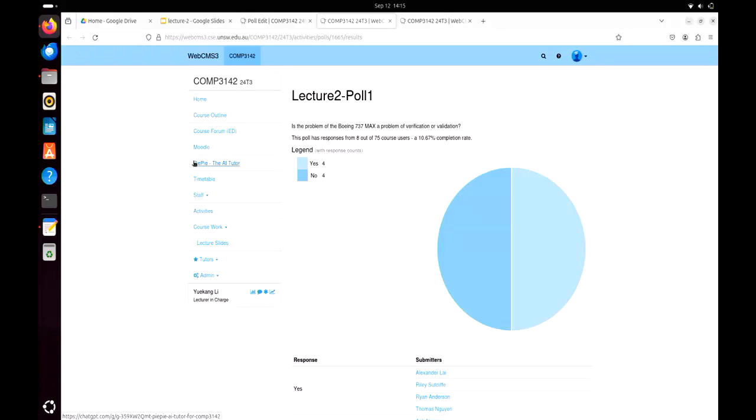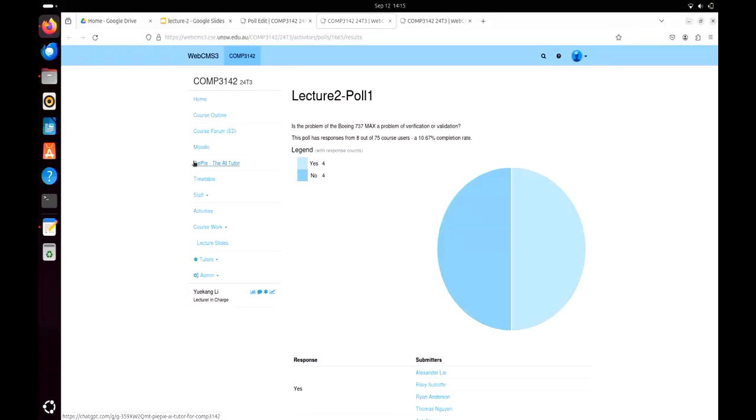So actually it is the problem of validation. Like the gentleman behind just said, it is arguably the problem of the software, because the software does what it was told to do. It was told to bring down the nose of the plane once the speed is low enough.